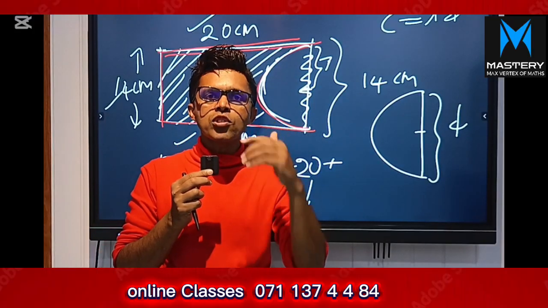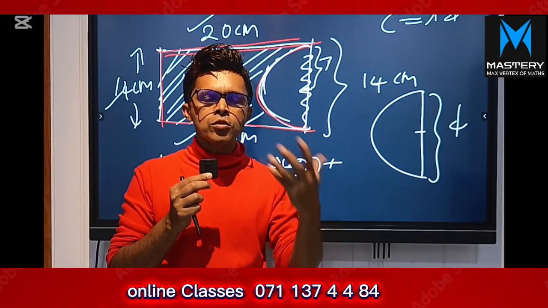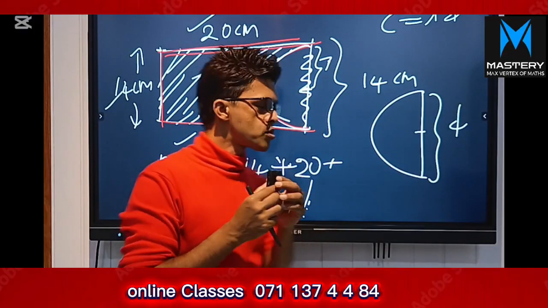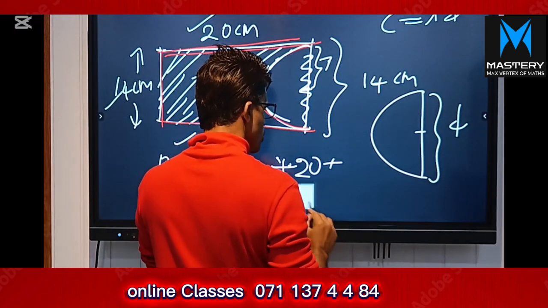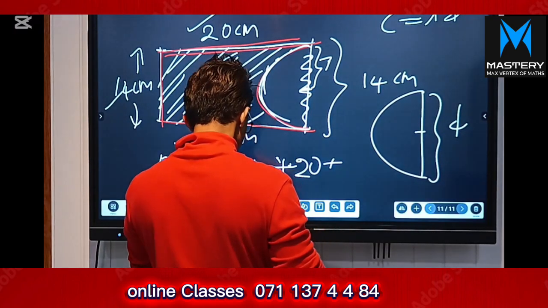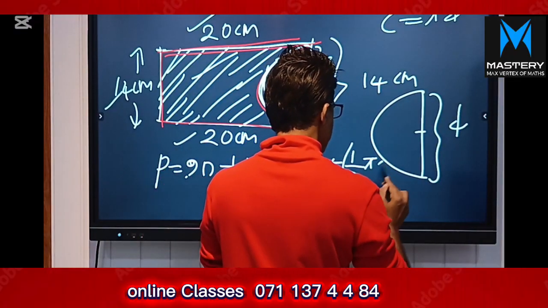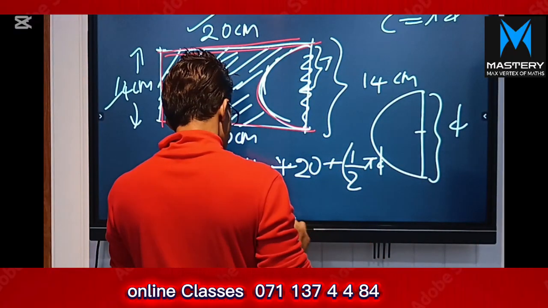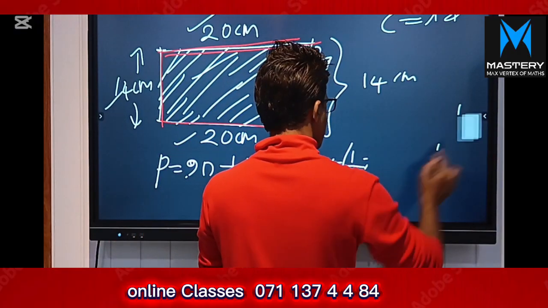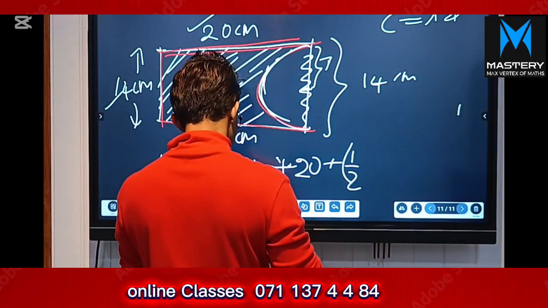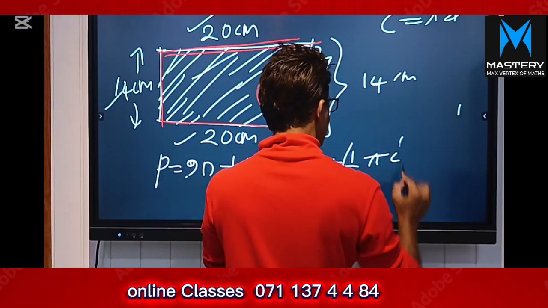Therefore, it does not use c equals pi d at once. It should be half times pi d. It is a semicircle, that's the reason for writing half. So half times pi d can be used to get the length of this curved part.